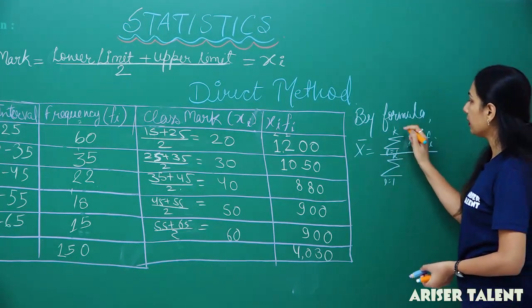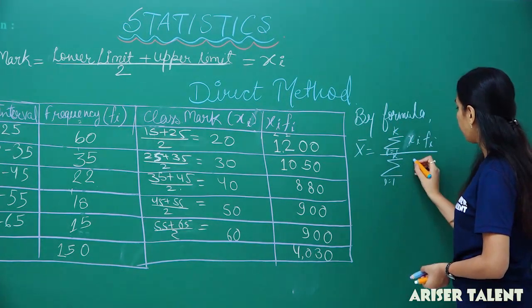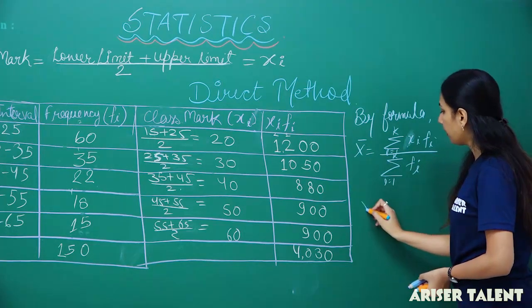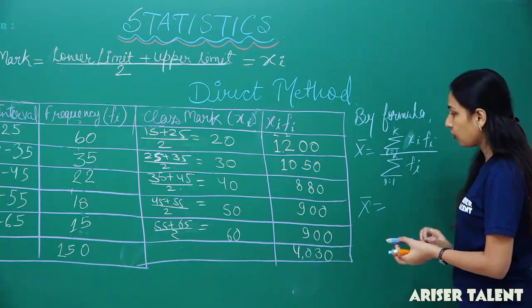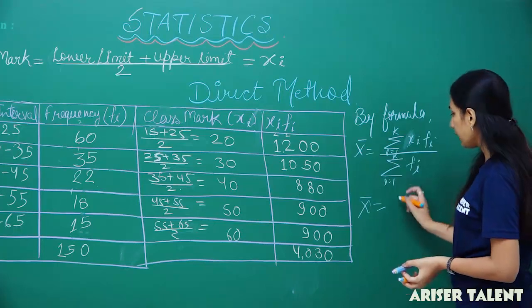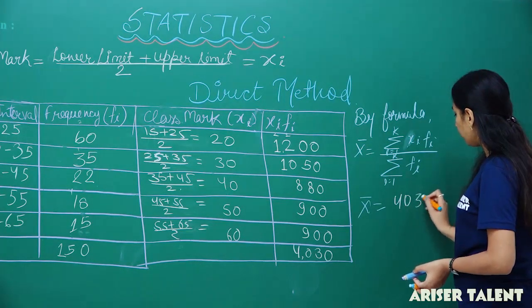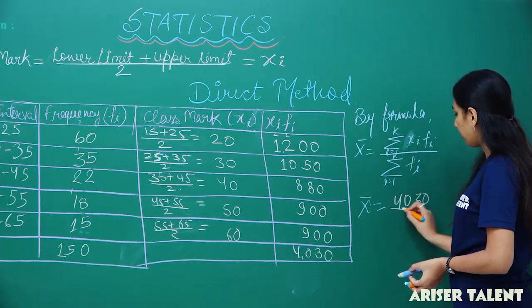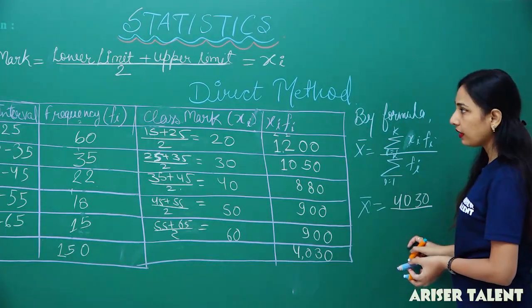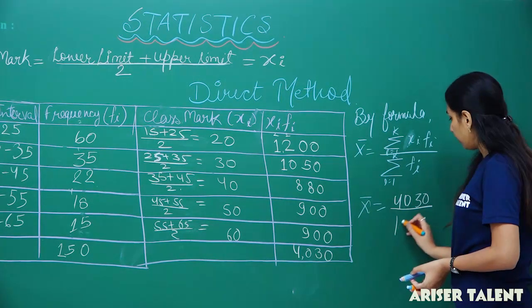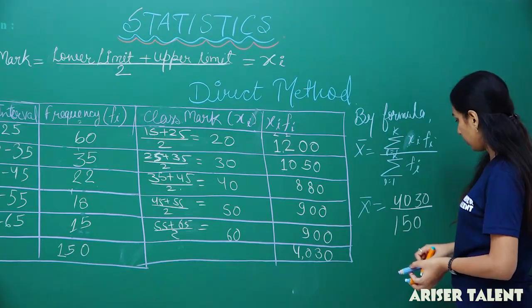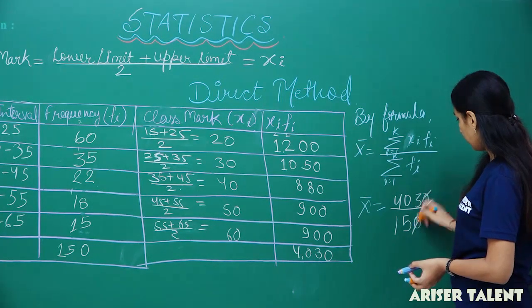And k is what? Number of observations here, upon summation fi. So x bar's value will be equals to what, student? It will be simply 4030, the summation xi fi value, and then the value of frequency 150 here. Okay, so that will cut.